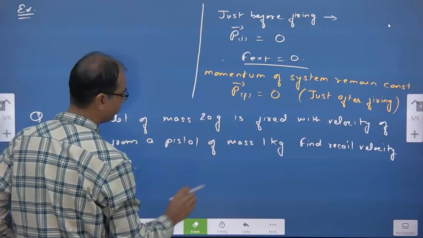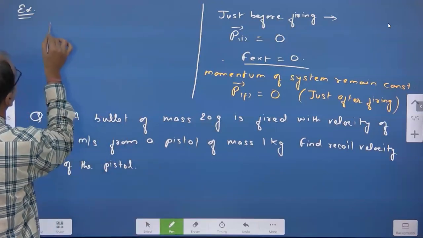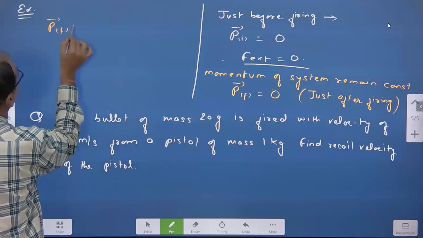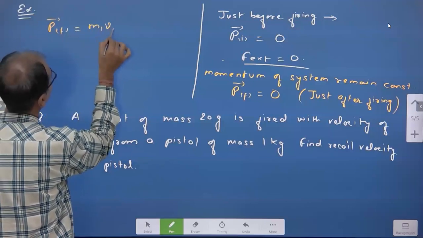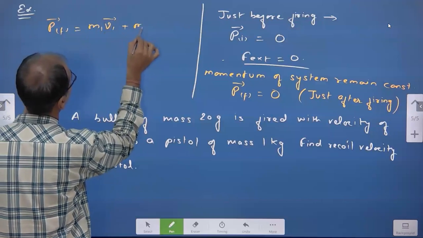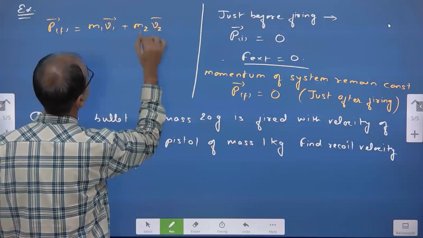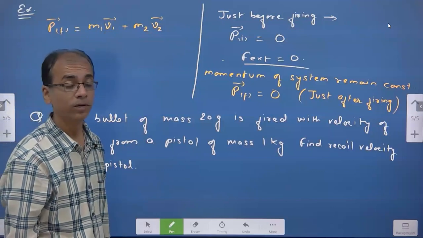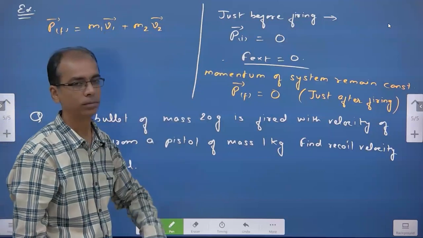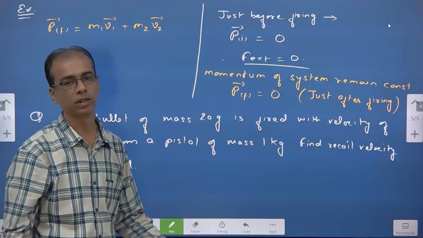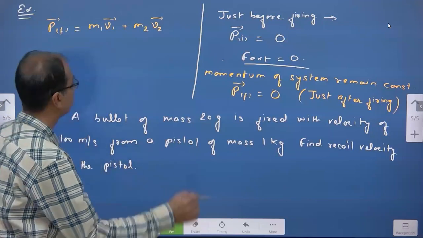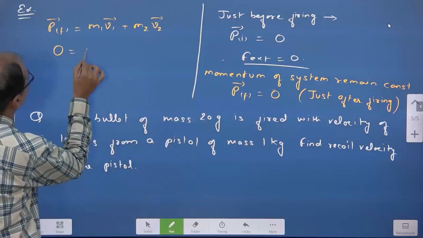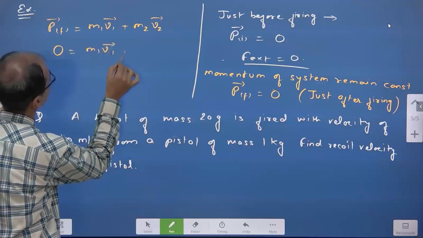Momentum final means m1 v1 plus m2 v2, because both are in motion now. But momentum final is 0, because initial also was 0. So 0 equals m1 v1 plus m2 v2.